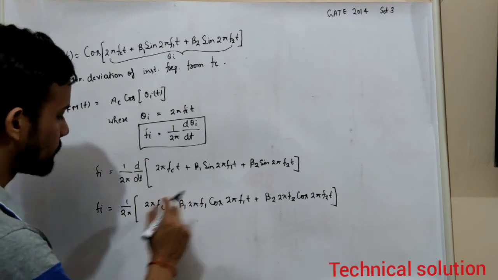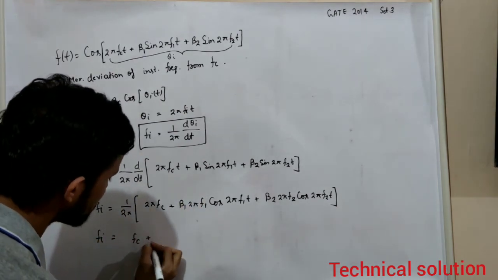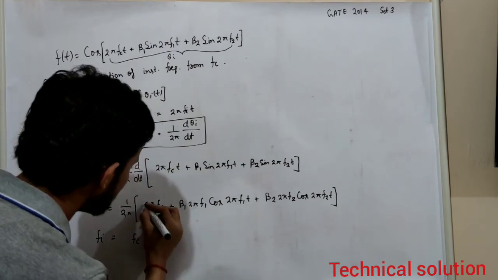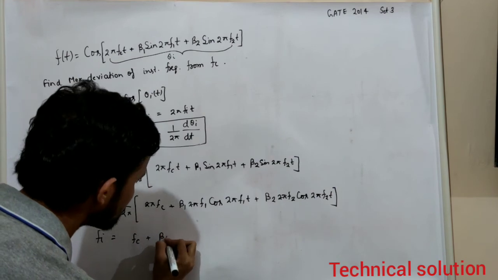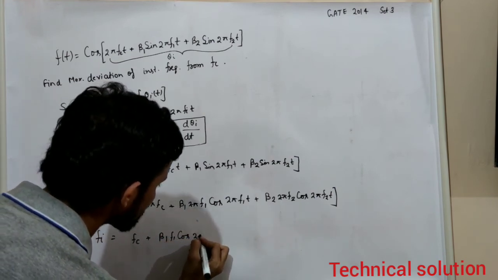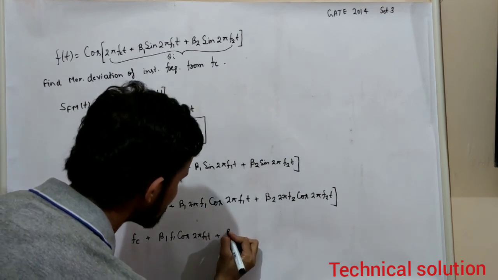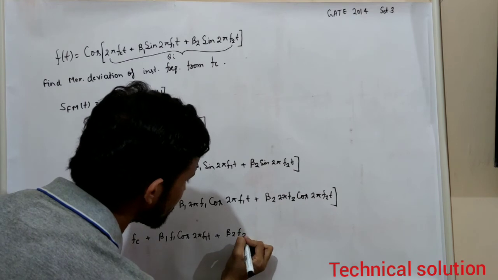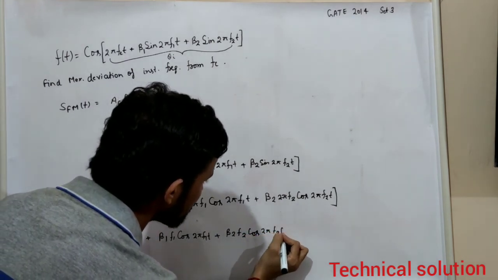Multiply this 1 by 2 pi inside the bracket, then we get fc plus, this 2 pi and this 2 pi cancel out, beta 1 f1 cos 2 pi f1 t plus beta 2 f2 cos 2 pi f2 t.